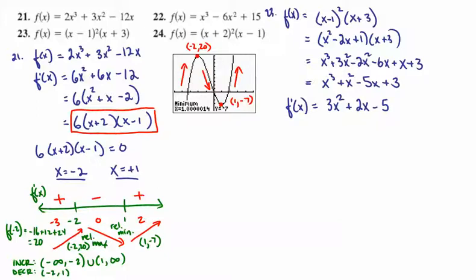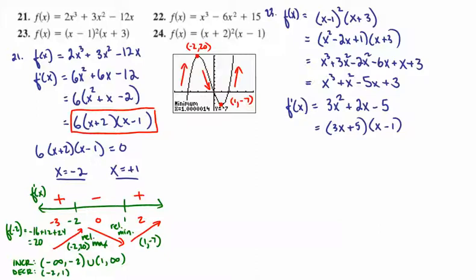So what will we have here? Let's see whether this factors. Hopefully it factors. Otherwise we're going to have to do a quadratic formula with this, which is not a lot of fun. And it turns out that it does indeed factor to be (3x plus 5) times (x minus 1).